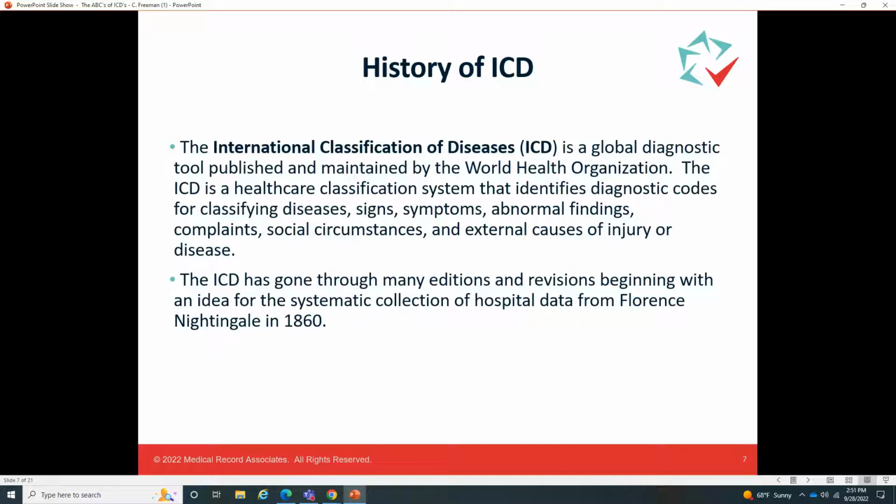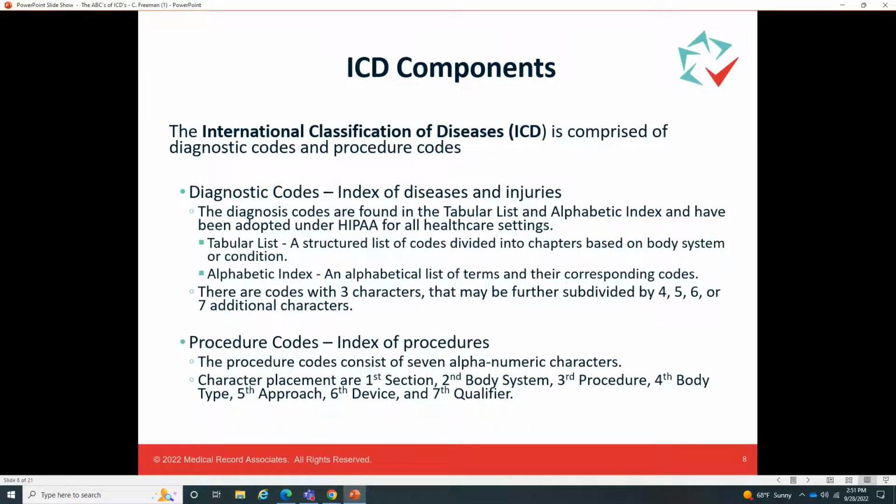She wanted a way for us to reach back to those first discoveries in hopes of learning to help when we have new discoveries in the future. And that system was the ICD.